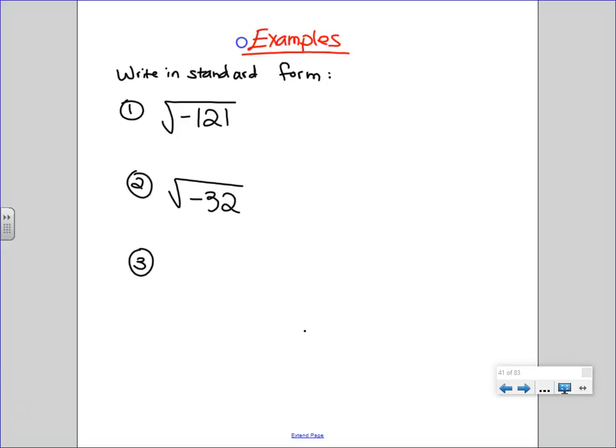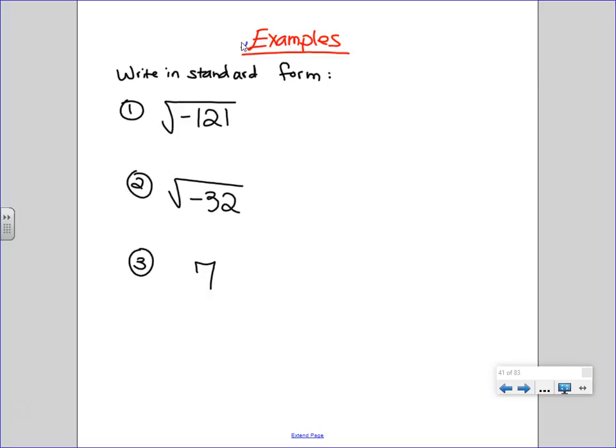Then let's go just a little bit more, something like this, if we're writing it in the standard form of a complex number. That's the section we're in, that's the context of what we're doing.